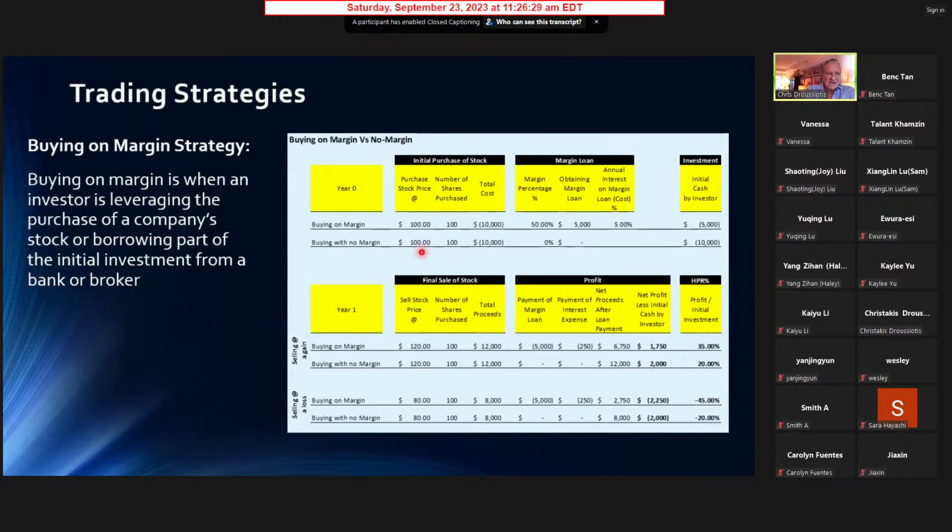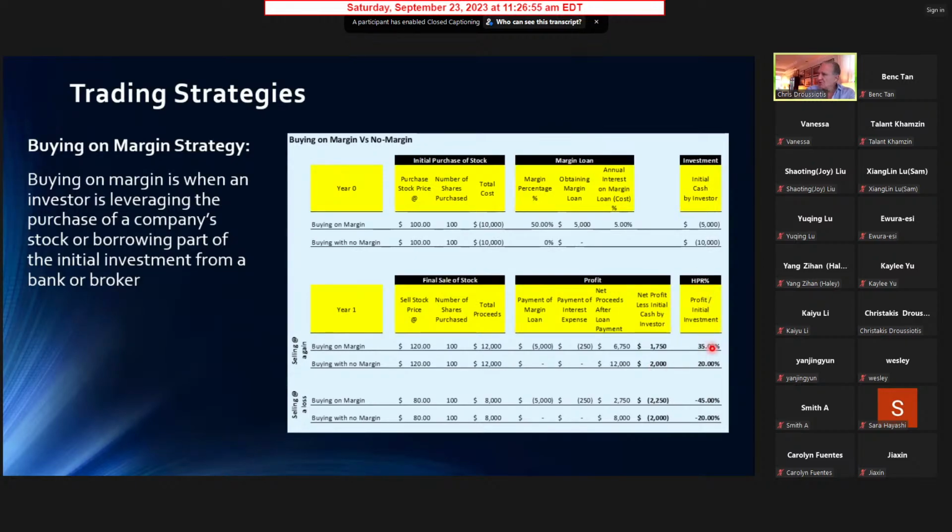So 100 times 100, that's $10,000, right? You spend $10,000, negative. And then the stock goes to 120. You sell it, 120 times 100, you get 12,000. Simple. 12,000 minus 10,000, you get a profit of 2,000.